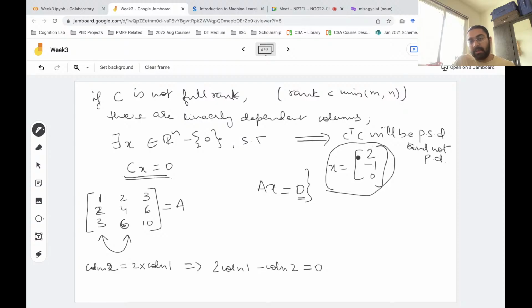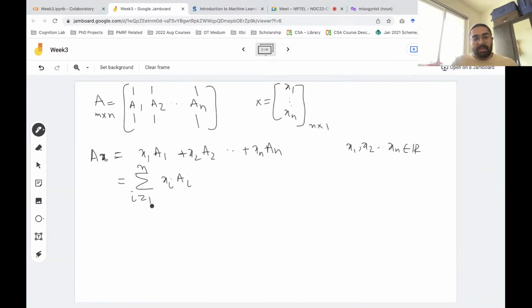What this means is I'm taking 2 times column 1 minus 1 times column 2 and 0 times column 3. And I know it will be equal to 0 because of this particular relation. You can try to verify this once. Okay, so this is the idea.